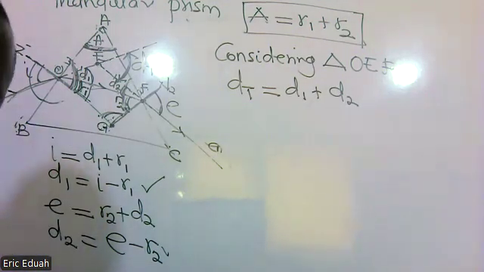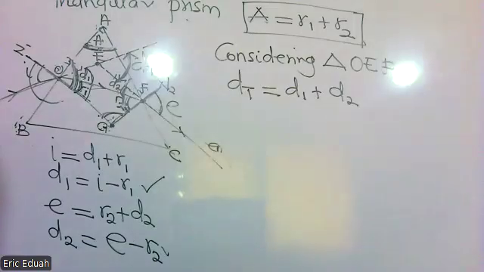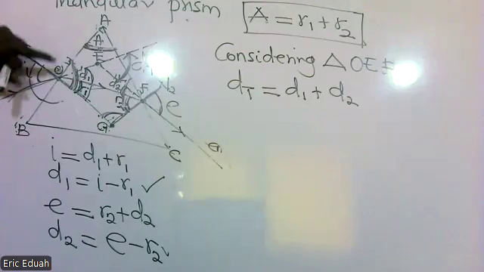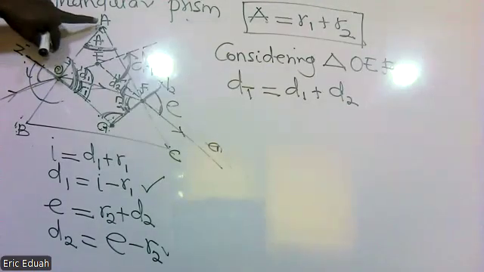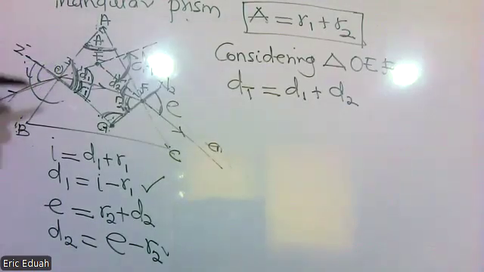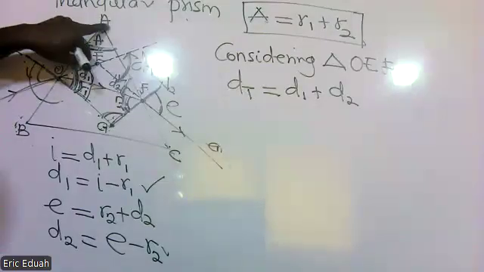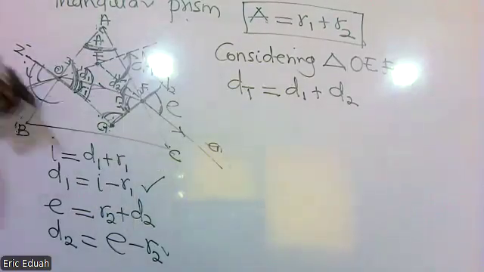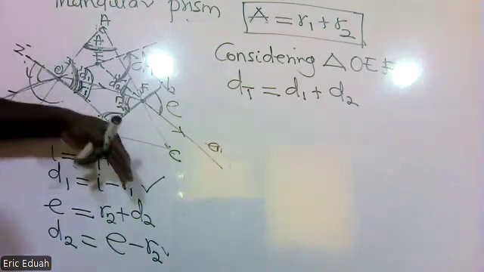Earlier I told you that one of the unique features a triangular prism has is that deviation occurs at the two planes AB and AC. So when light is incident, it will deviate.